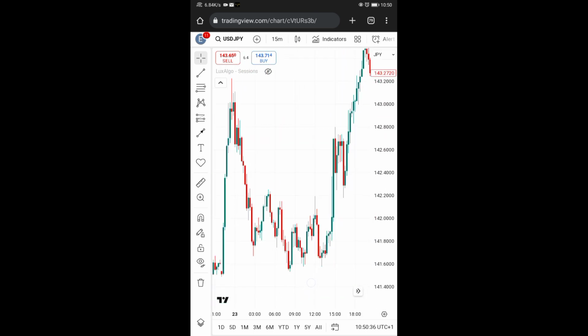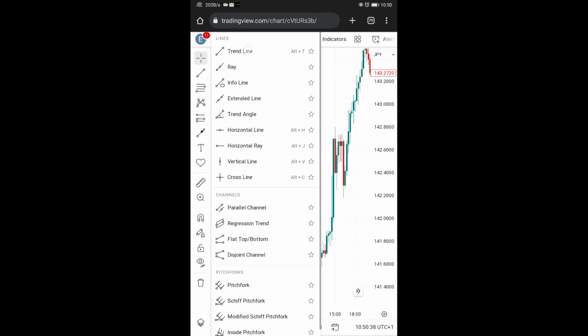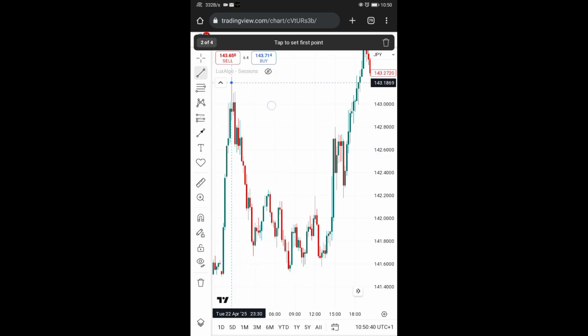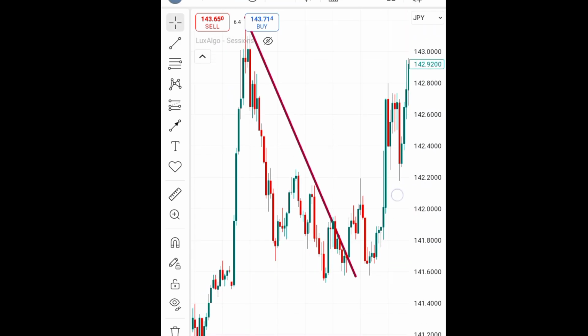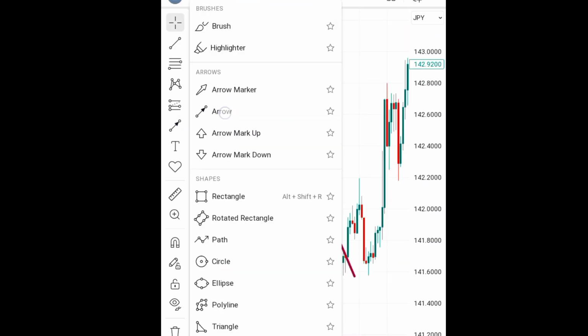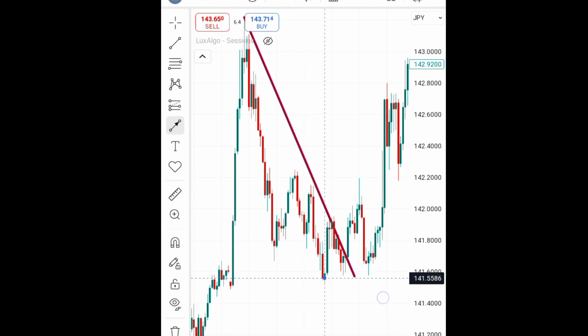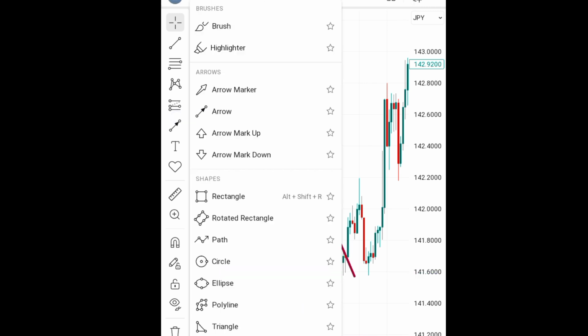So this market was pulling down right here. The market was trending down. As the market was trending down and approached this zone, there was a zone here. As this market approached this zone, there was an imbalance inside here, a very sweet imbalance here.